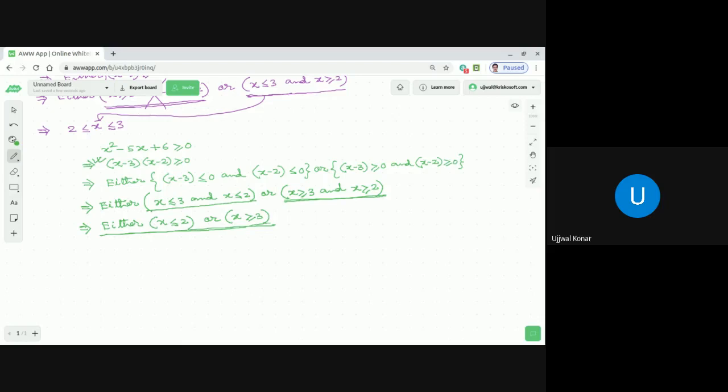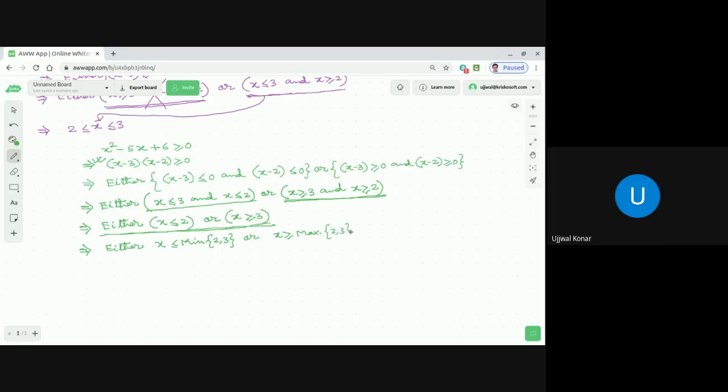Clear or not clear, students? So from here, what can we write? This implies we can write either x is less than or equal to the minimum between 2 and 3, or x is greater than or equal to the maximum between 2 and 3.